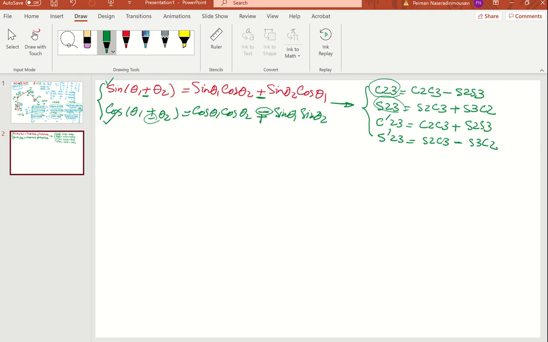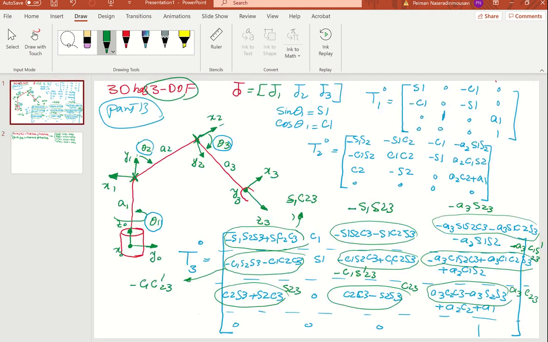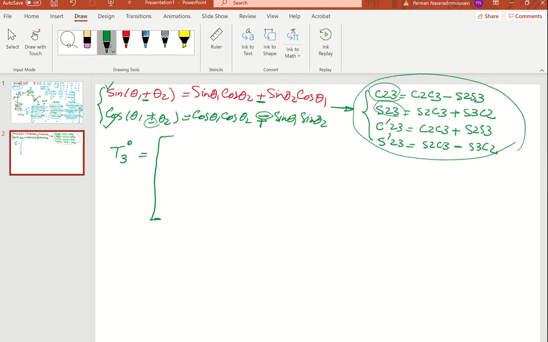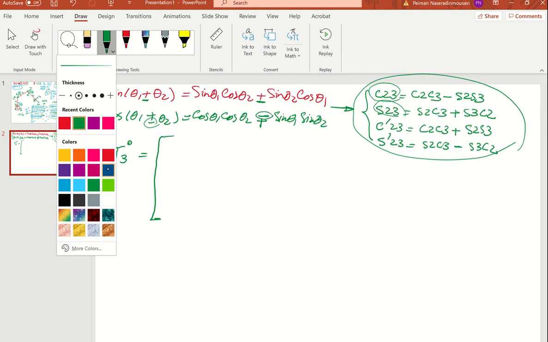Now I can say, look at here, I have the transformation matrix for frame 1 with respect to 0, transformation of 2 with respect to 0, not 3 with respect to 0. So T3 with respect to 0 after simplification is gonna be this, based on whatever I defined here. Here we go. Let me change the color.